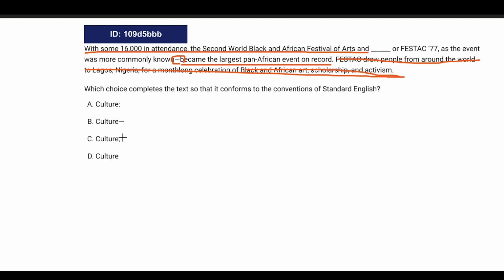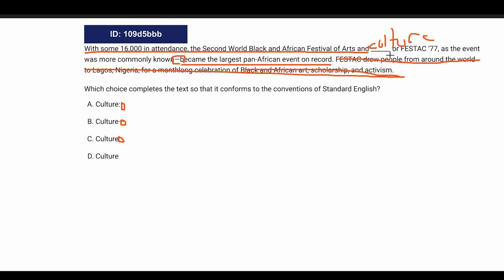So culture, you see the separation is going to be on this side of the word culture every time. So we can actually just fill in, this is going to say culture, and then we just have to figure out what punctuation. So if we read based on that, we can go with some 16,000 in attendance, the Second World Black and African Festival of Arts and Culture became the largest Pan-African event on record.